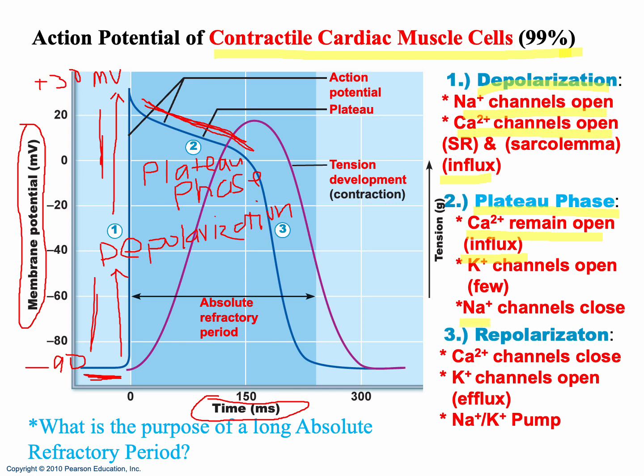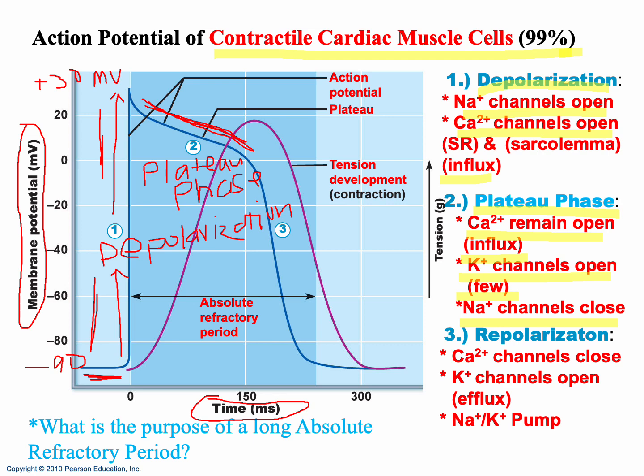The voltage-gated sodium channels close, so no more sodium comes into the cardiac cell, but some potassium channels open up, and potassium starts to move from the cell to the outside of the cell.